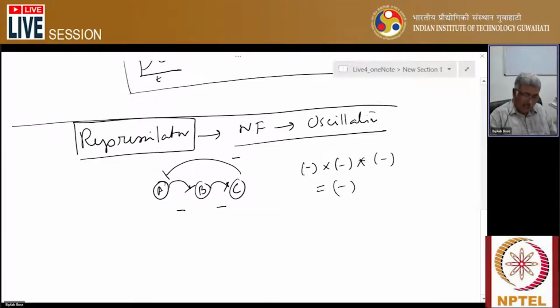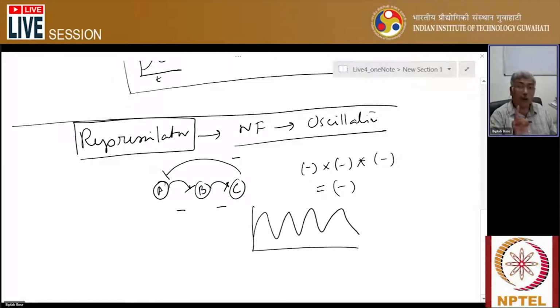And it gives rise to oscillation if particular parameter values match. Not always. That is important. If the parameter values do not match, it will not give rise to oscillation. It will give rise to monostability, because monostability is a characteristic property of a negative feedback, right? We have discussed separately that in a negative feedback circuit in a particular lecture this week. So you should check that.